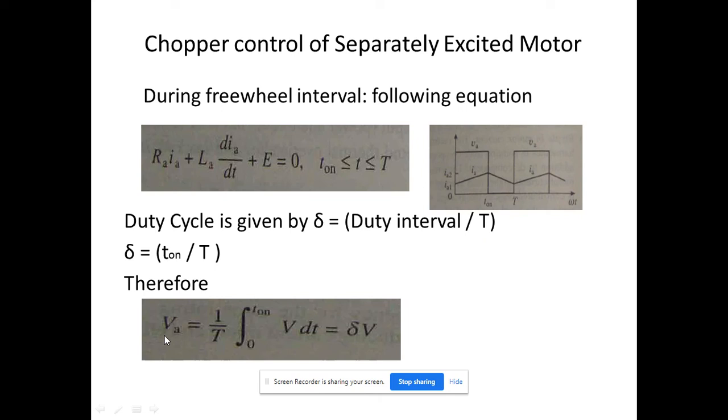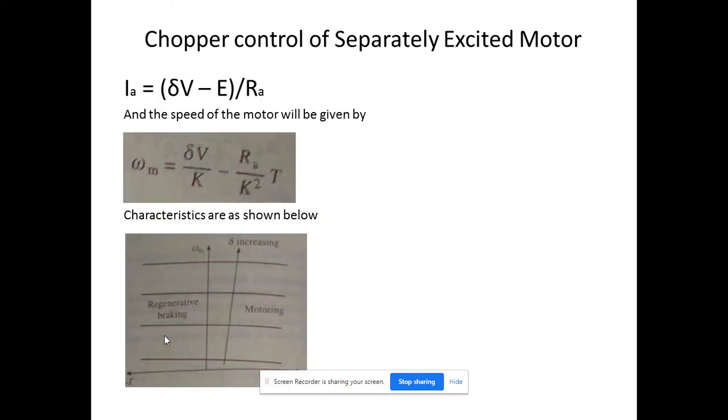And the next is how the speed is controlled. See here, we know that the armature current is given by V minus E upon Ra.